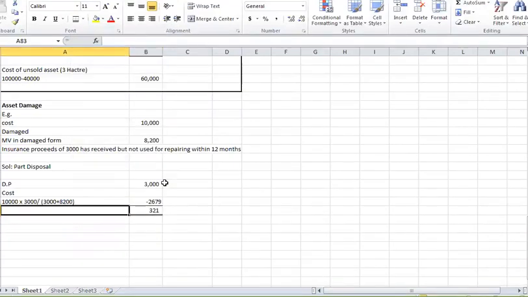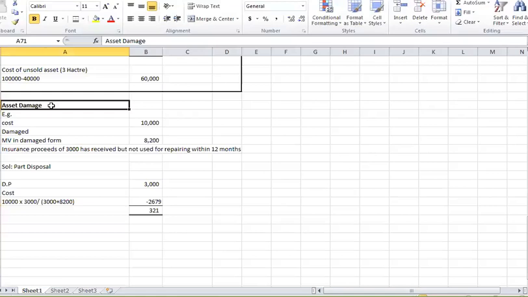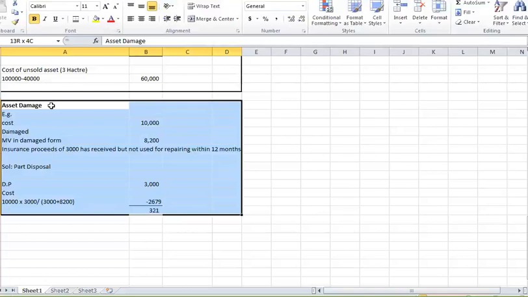Alternatively, you may have a capital loss if the selling price is less. In this case, you have a capital gain of £321. So this was the first case of asset damage, in which insurance proceeds have been received but not used for repairing the asset.